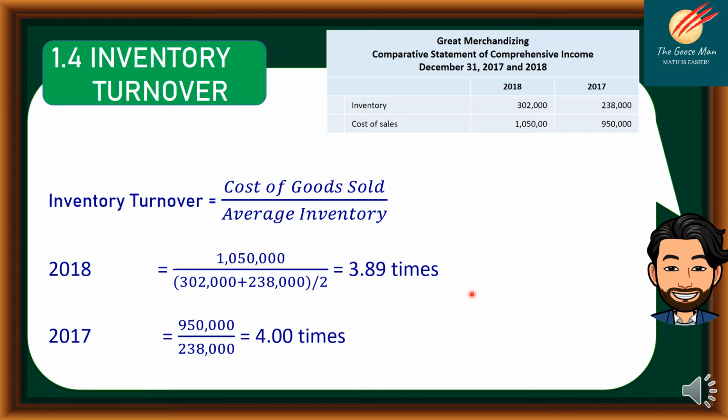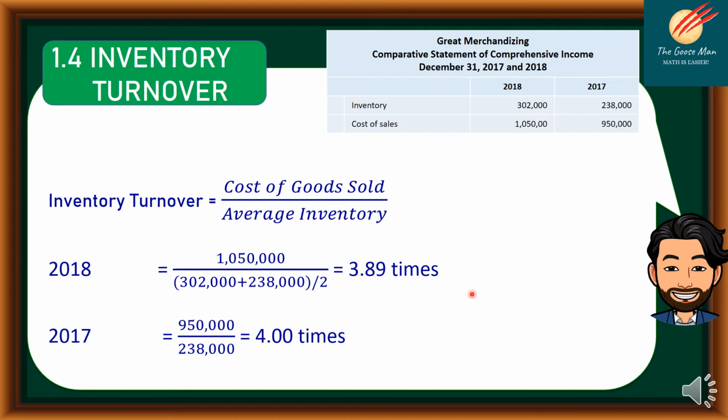So the result of the computation may include the following. Inventory turnover in 2017 of 4 times may indicate better performance in the conversion of the inventory into cash compared to the operating performance in 2018 with 3.89 times.